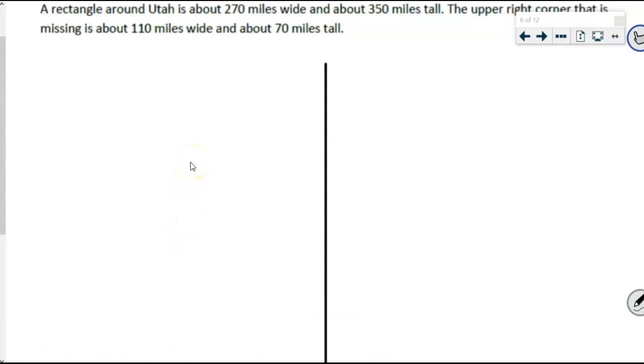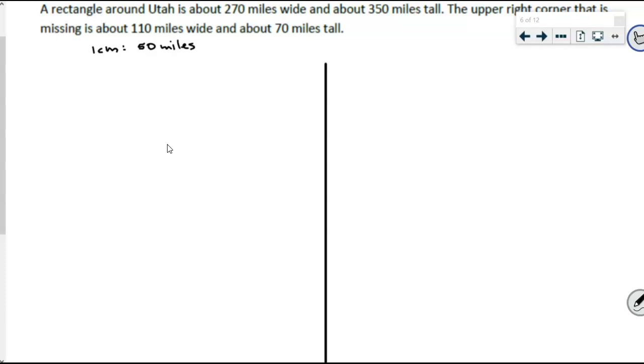On this side, this is where we're going to do the 1 centimeter is 50 miles. The other side, we're going to do the other one, but I don't even want to think about that one right now. I just want to draw a scale drawing of Utah where 1 centimeter is 50 miles. Now, I'm going to let you get a little bit of a head start before we officially begin.